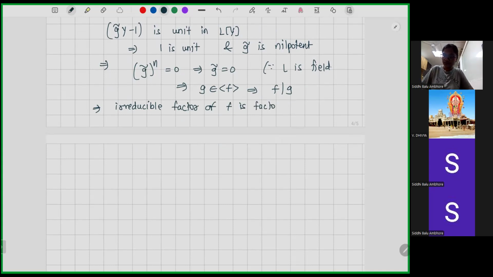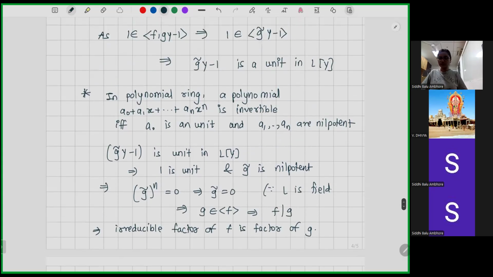Okay, any doubts here? This is a good exercise, you can try. It actually follows immediately from the simple fact that if u is a unit and a is nilpotent, then u plus a is a unit. When you take this element and consider its inverse b_0 + ... + b_m x^m, and compare them coefficient-wise, you can easily prove this.